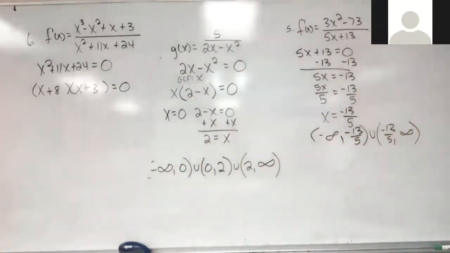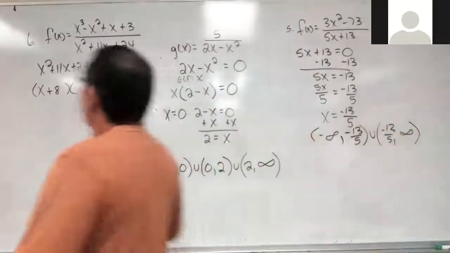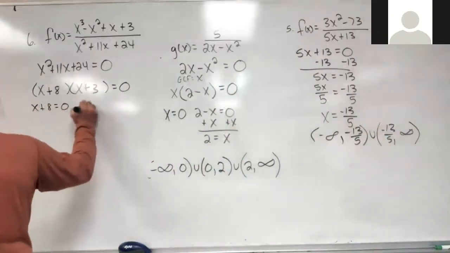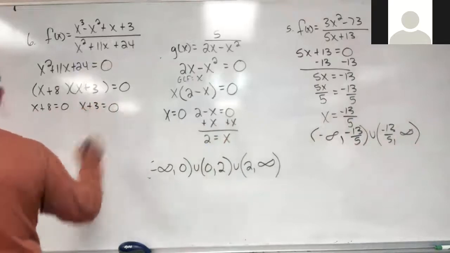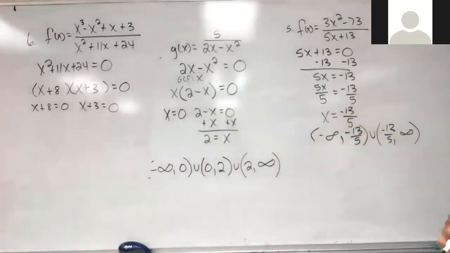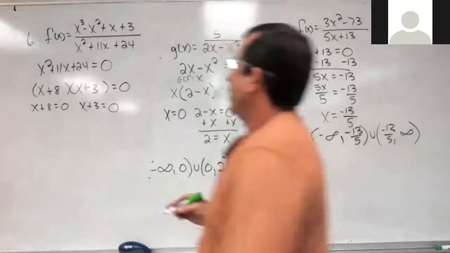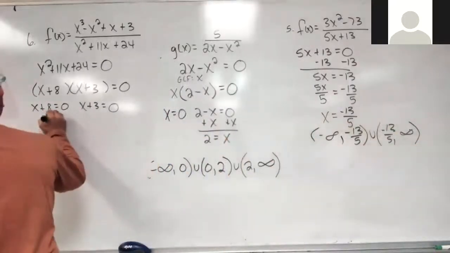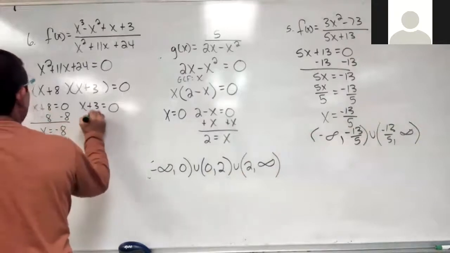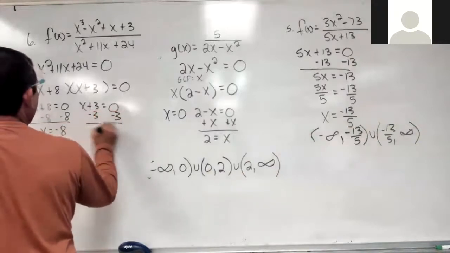Then I'm going to have x plus 8 equals 0 and x plus 3 equals 0. And then I'll subtract 8 from the first one, and subtract 3 from my second.